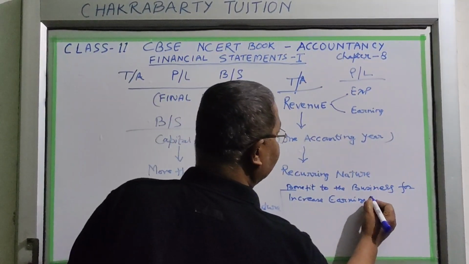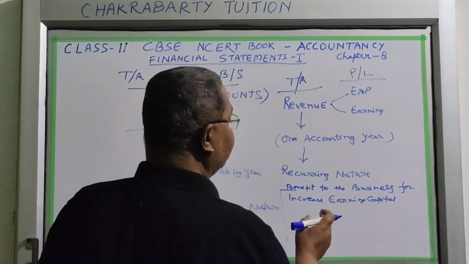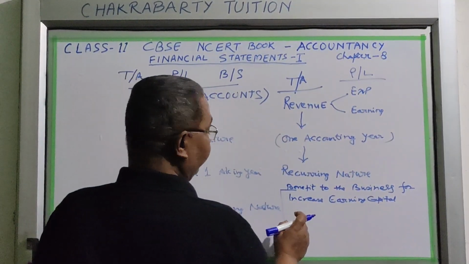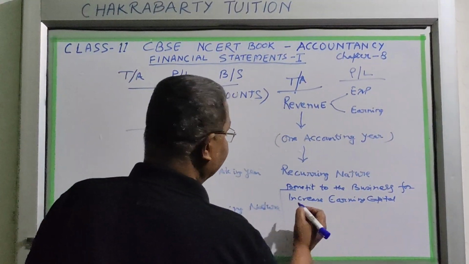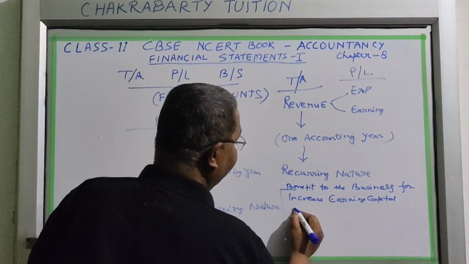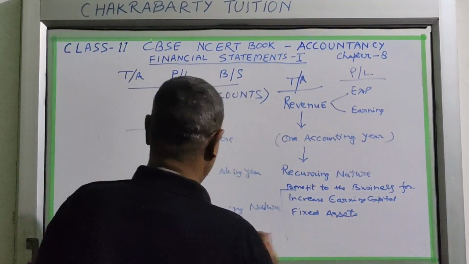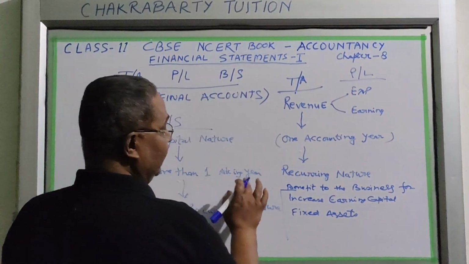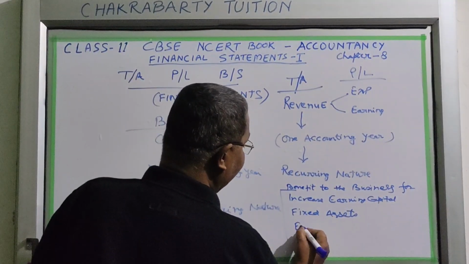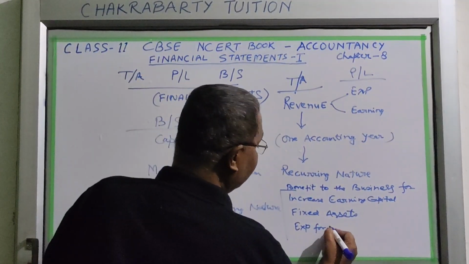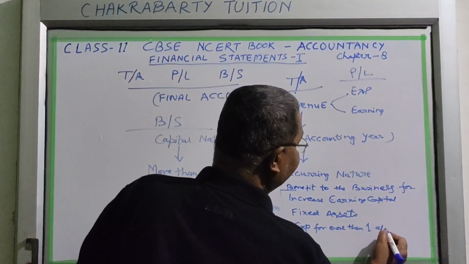It increases earning capacity. These are of the benefit of capital nature. Increase earning capacity, like I was writing, fixed assets, all fixed assets it can be. And non-recurring nature, more than one accounting year, of course, whatever expenditures we make for more than one accounting year.